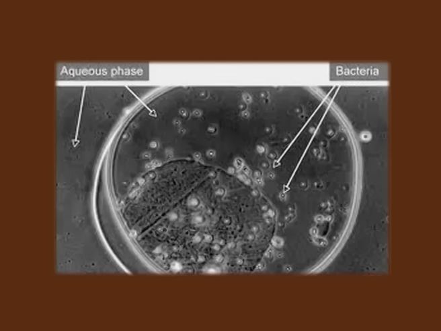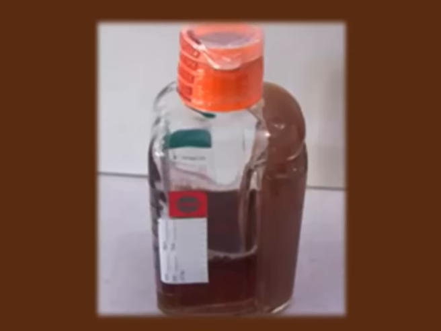Now the last group which belongs to this category is biphasic medium. Biphasic medium, as the name suggests, consists of two phases, a solid phase and a liquid phase. What is the function of biphasic media? The function is that we do not need to open the bottle for frequent subculturing. The bacteria is inoculated into the liquid phase.